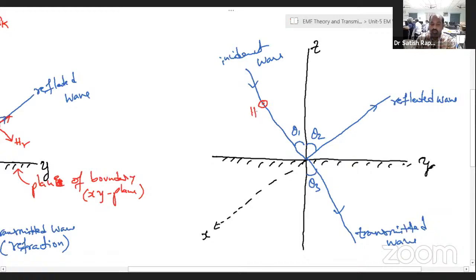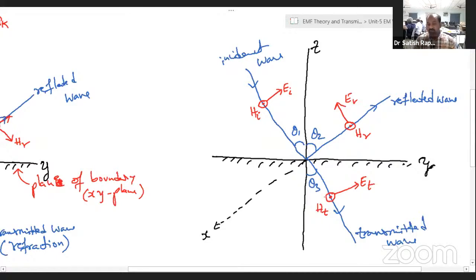This is the incident magnetic field, and this is the incident electric field, and the reflected magnetic field, reflected electric field, transmitted electric field, and transmitted magnetic field, right?